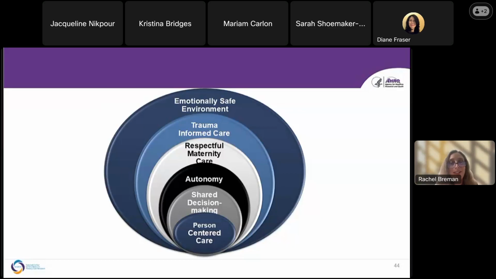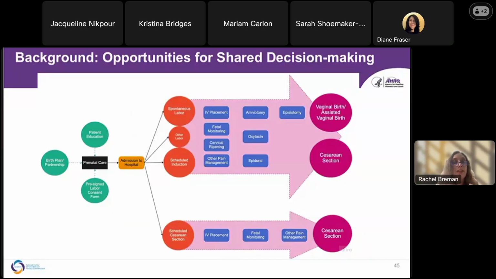Next slide. So when we think about the perinatal continuum, prenatal care and labor and birth, most prenatal care, as I've mentioned and as you all know, occurs in the outpatient setting, and patients are given all sorts of information there. Some of it they may or may not remember. Some of it may or may not be documented in their chart, but at some point they're going to get admitted to the hospital for labor.